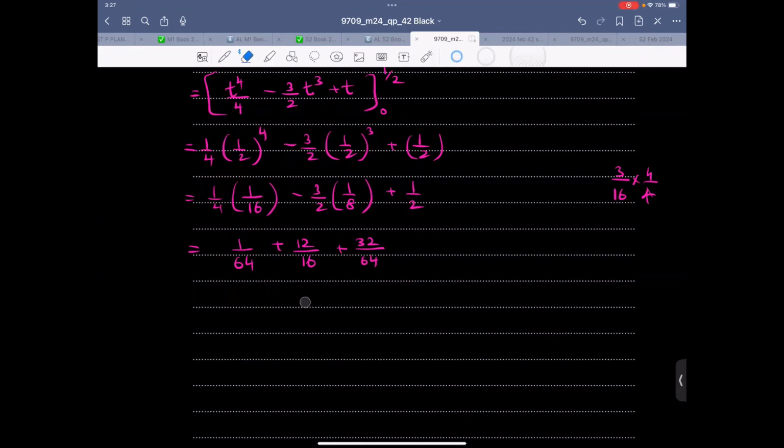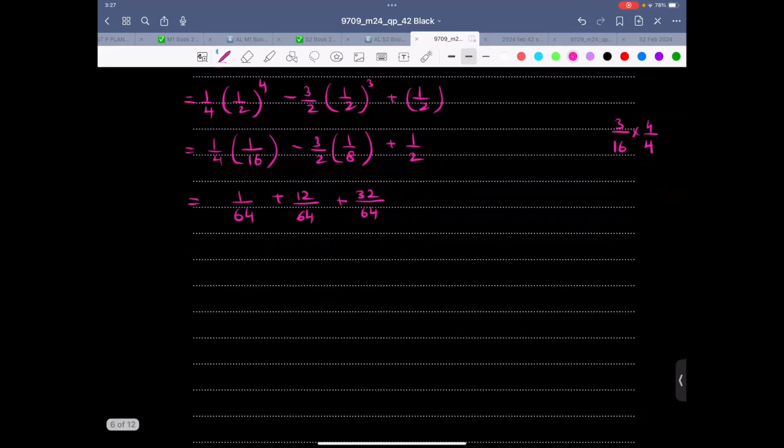So let me just correct myself: 3 over 16 into 4 divided by 4, that is 3 over 64. So 3 into 4 is 12, 12 over 64. So 32 and 1 and 12, this is 45 over 64, if I'm not mistaken.